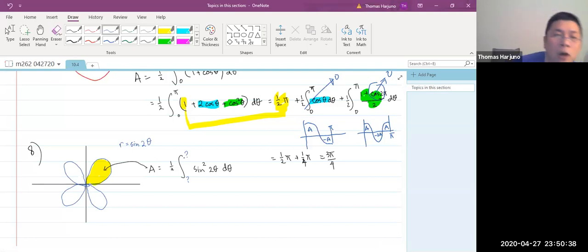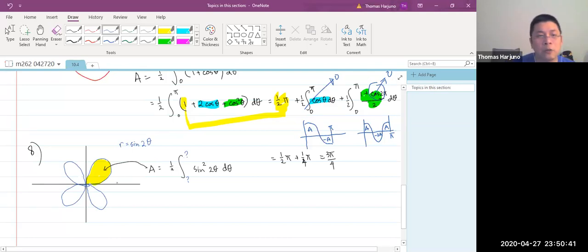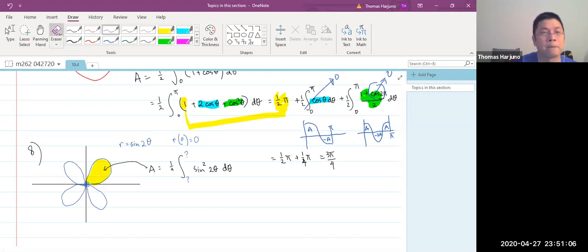Now how to find the limit of integration? I need to find when I start from the origin, when I go back to the origin the first time, what are the angles? Now you can see when theta equals 0, the radius is 0. So that one is fine, right? Okay, when is the next time the radius gets to 0? That's the issue. Let's solve it then.